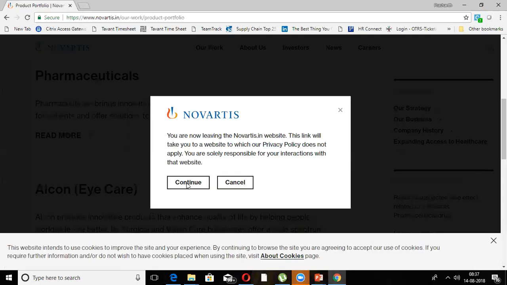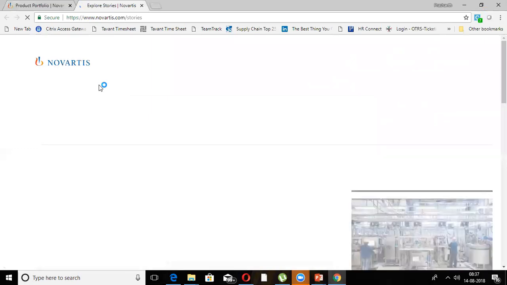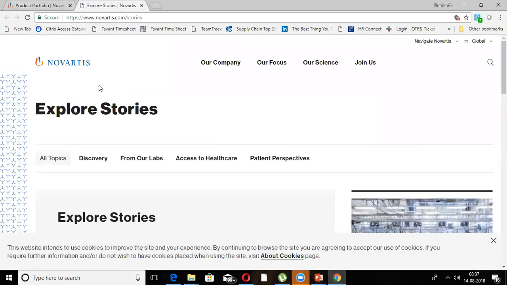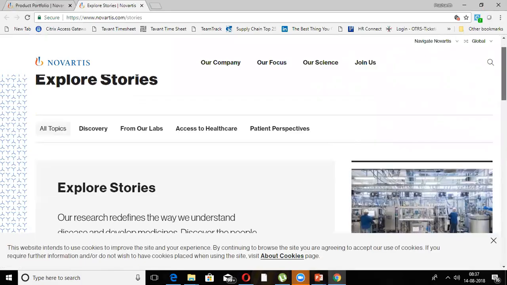So here they come to Novartis Pharmaceuticals. Here you have to tell what, if I have to have an application for Novartis, what are those features or things that are very important.